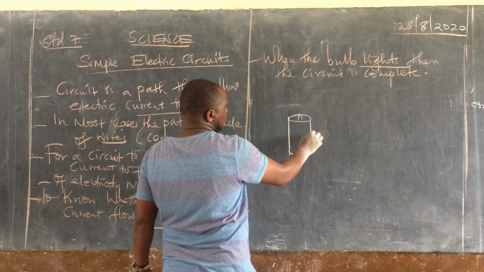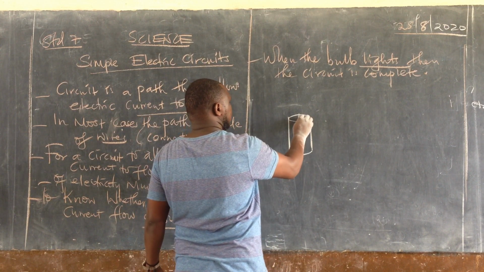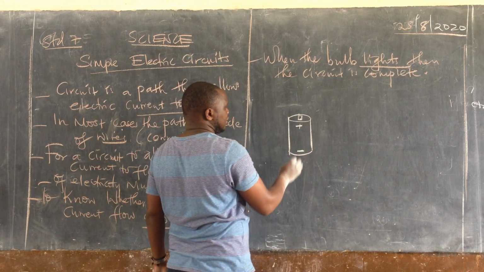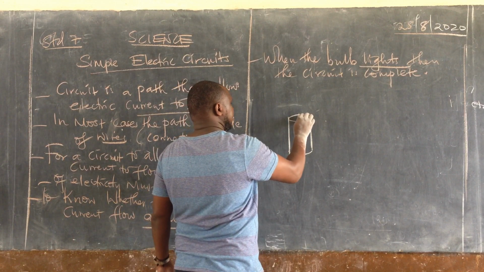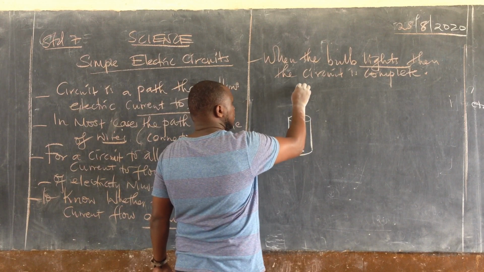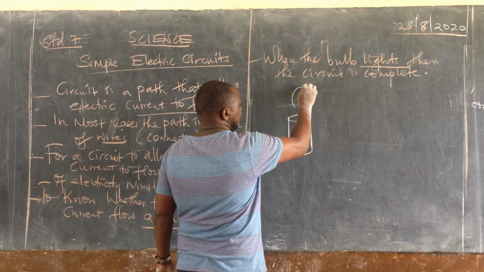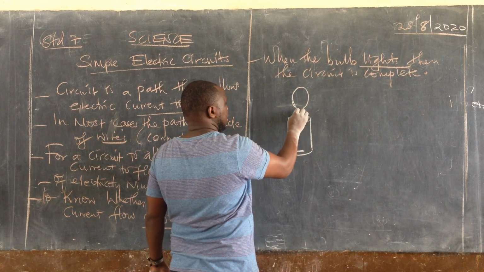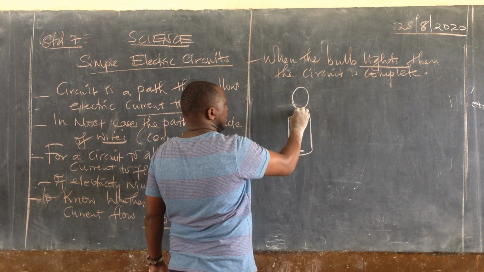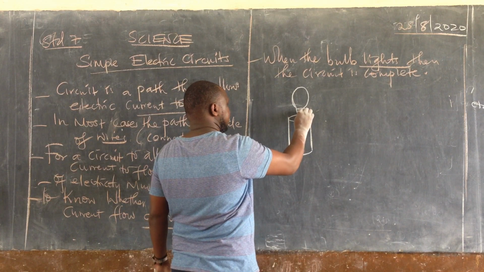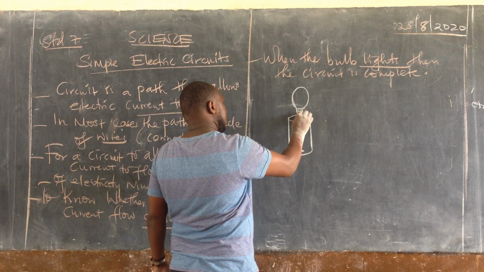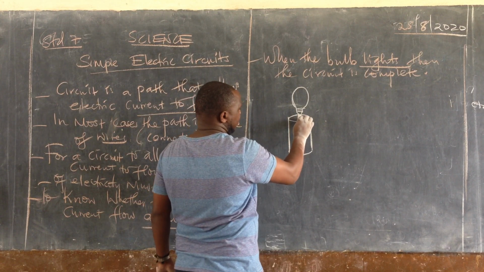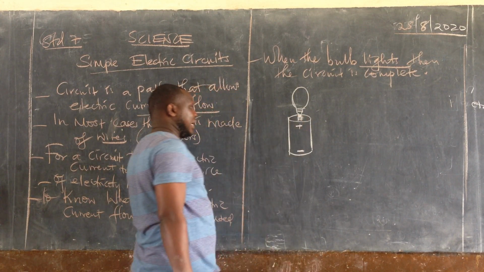And as I told you, the cell is marked here positive and negative. Then we shall have also the bulb, and now the bulb at that end, whereby the bulb has another part here which is black, and you will be asked that in exam. Where do we have the positive and the negative in a bulb?